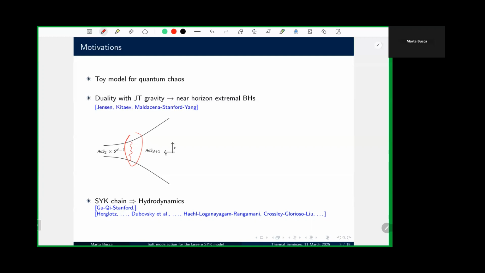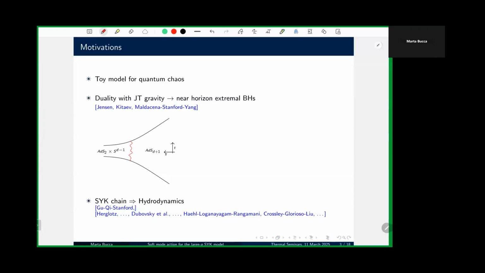And I'm mentioning this because this process is exactly identical to an explicit symmetry breaking mechanism that you have for SYK, which is what we're going to be studying over the course of this seminar. The other reason, and this is the reason why we specifically were interested in SYK, is that SYK is a one-dimensional model, so you only have time dependence.